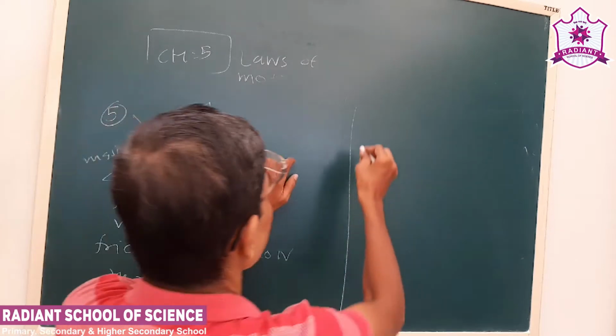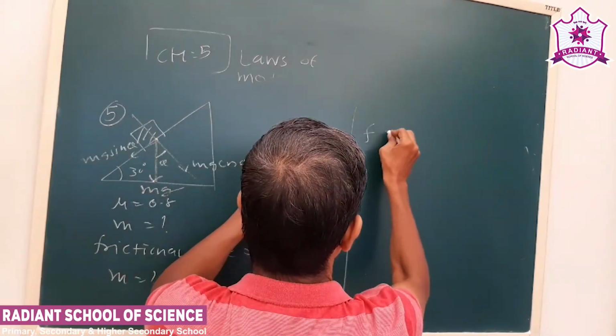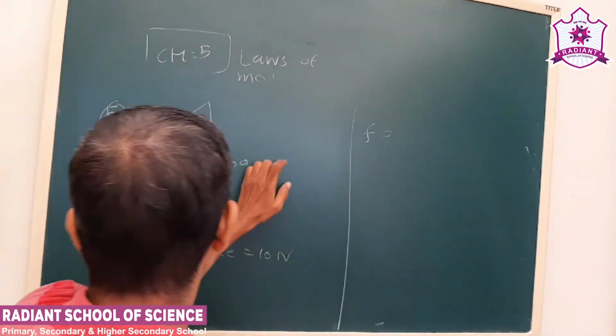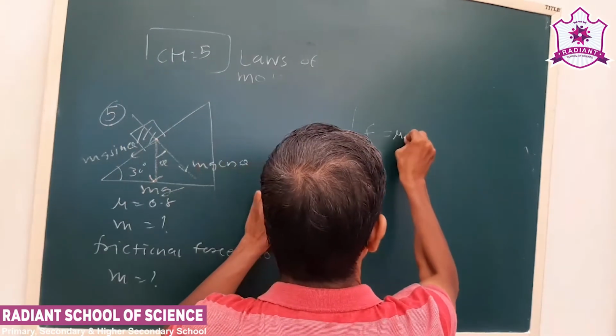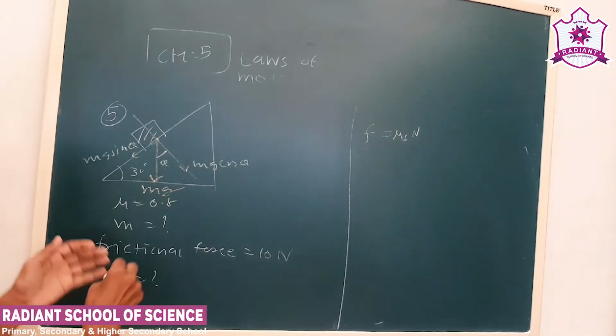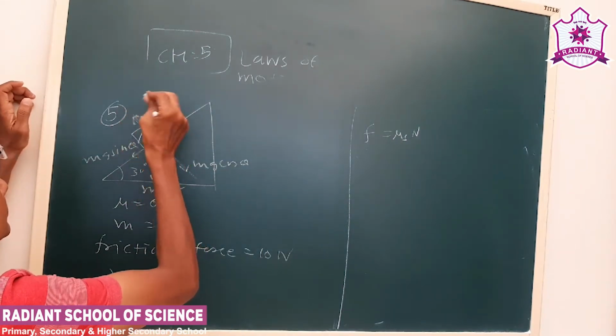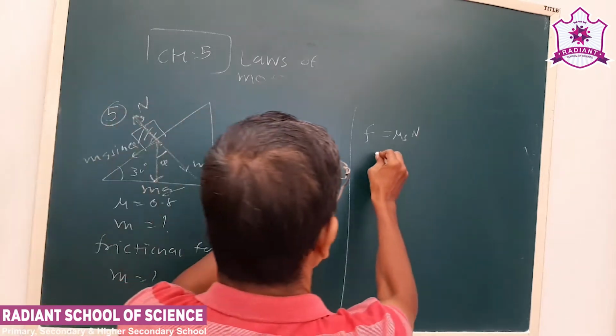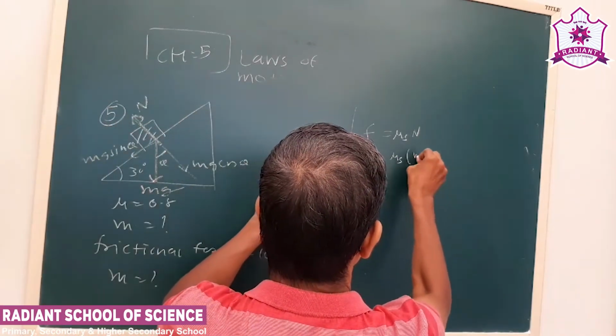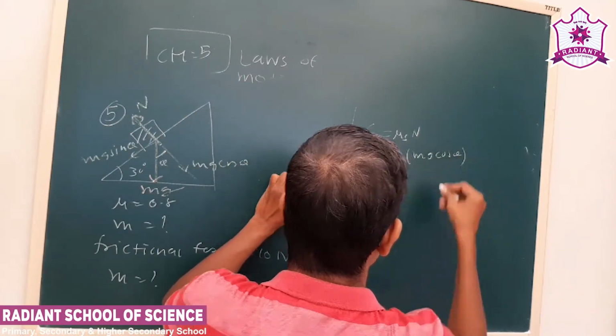Now frictional force F is equal to mu s into N. What is N here? It is the normal force. Normal force is mg cos theta.